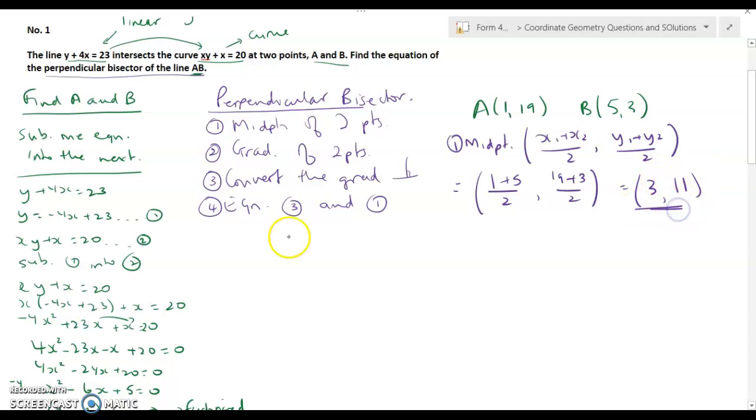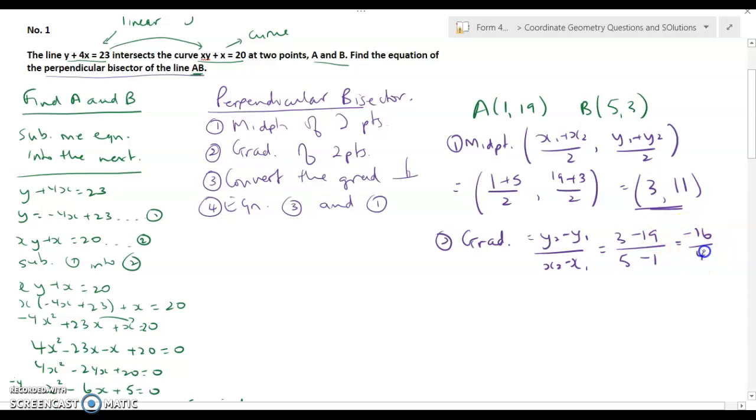So this is our midpoint. Second step, the gradient. The gradient, the formula is y2 minus y1 over x2 minus x1. Now you should always write down your formula every single time you do a sum. 3 minus 19, that will be minus 16, 5 minus 1, 4. So the gradient is minus 4.